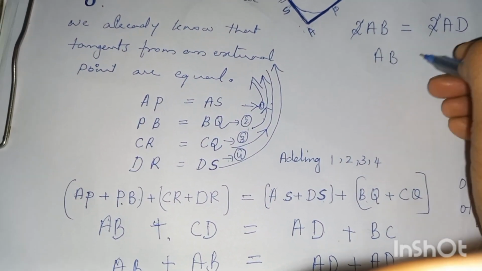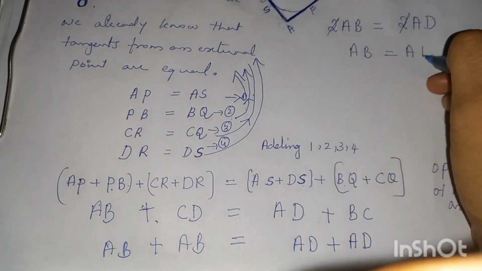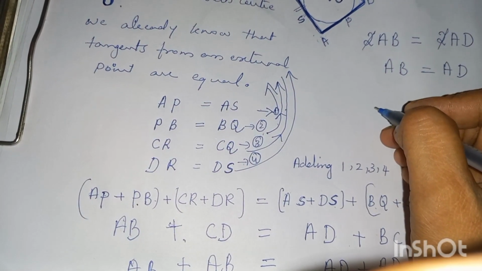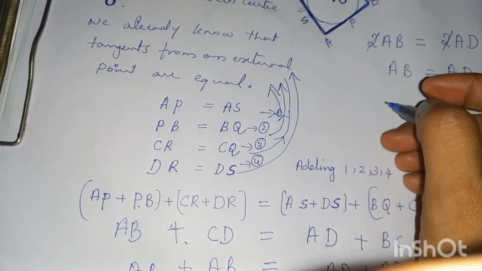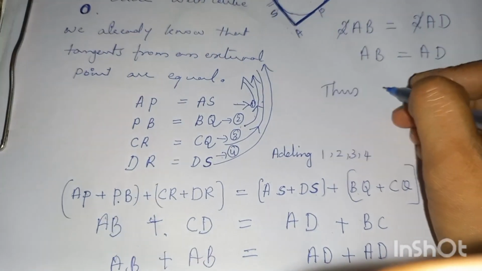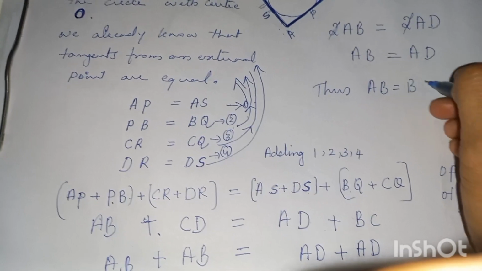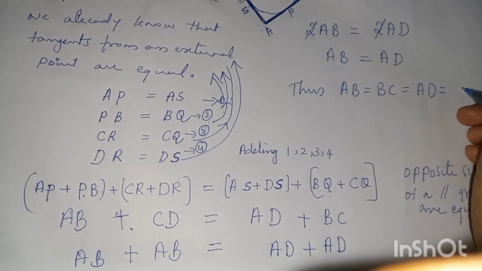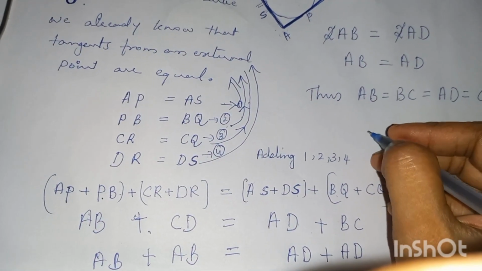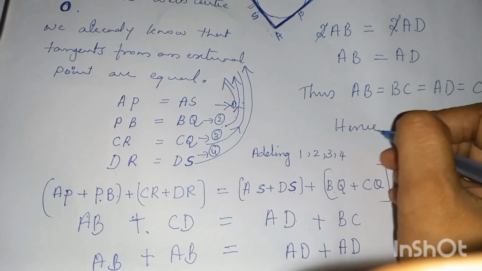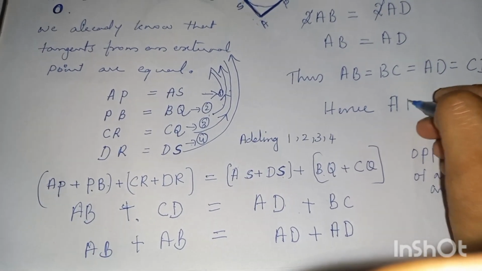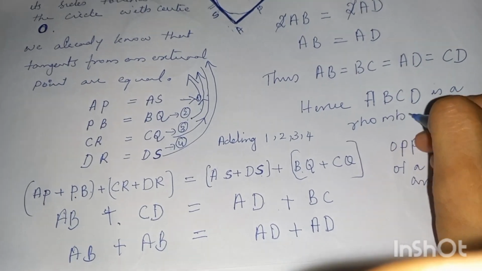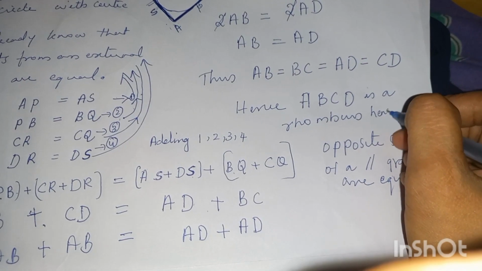AB is equal to AD. So thus AB is equal to BC is equal to AD is equal to CD. Hence ABCD is a rhombus. Hence proved.